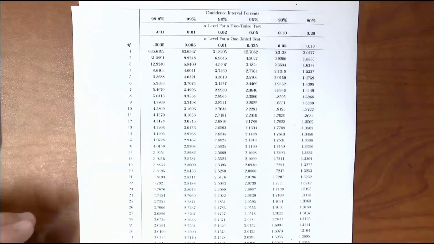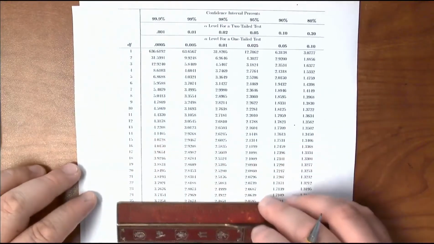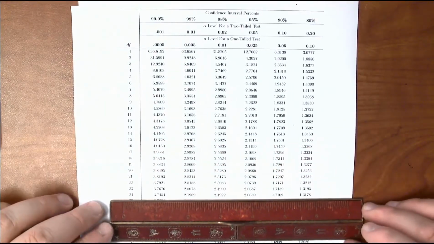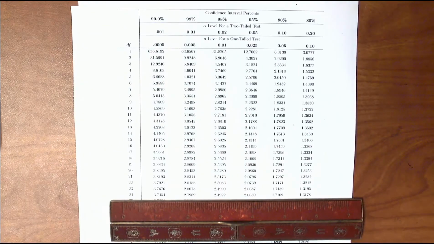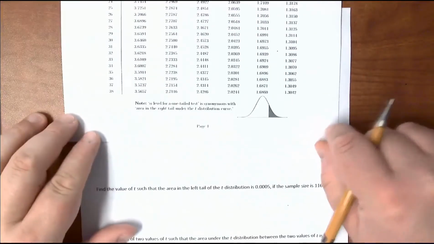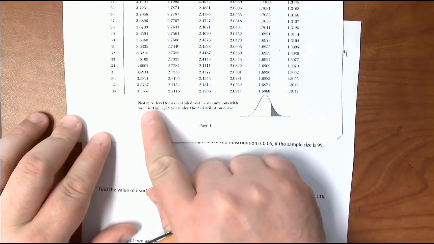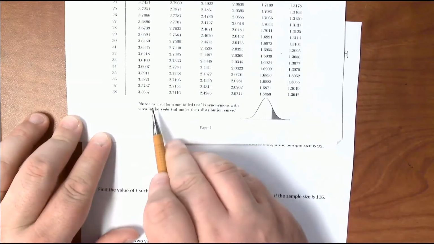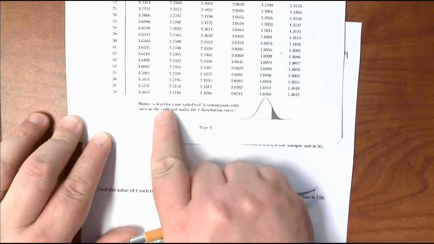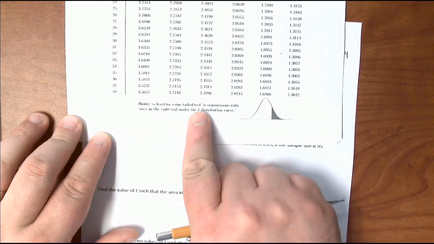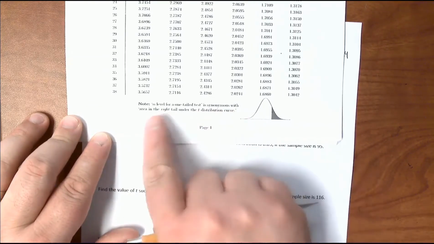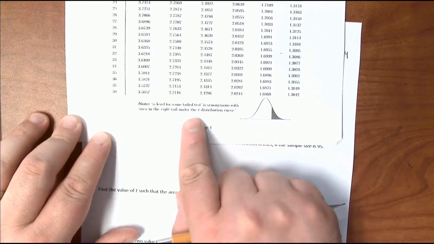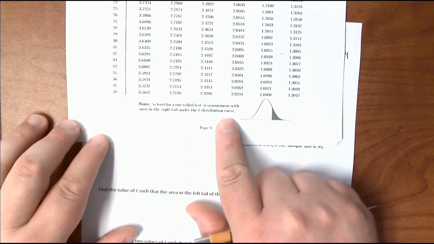You go to your chart, to the row for degrees of freedom 24, and notice, I need to look at the note on the bottom of the chart. It says, note, that is a Greek letter alpha. Alpha level for a one-tailed test is synonymous with the area in the right tail under the t distribution curve.